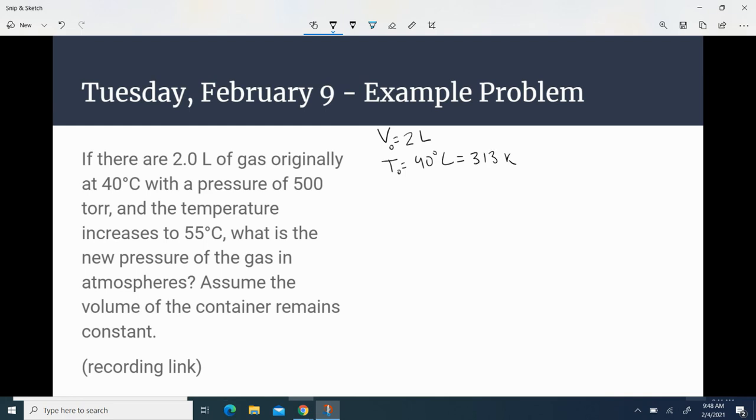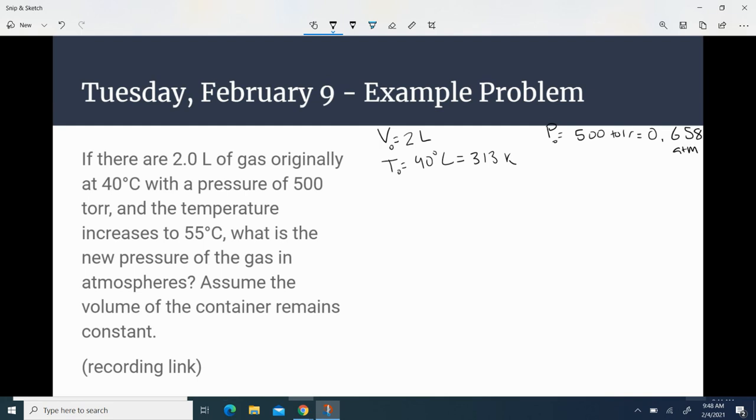I also know the original pressure is 500 torr. To get from torr to atmospheres, I need to divide by 760. 500 divided by 760 is 0.658 atmospheres. Let's do thousandths place.